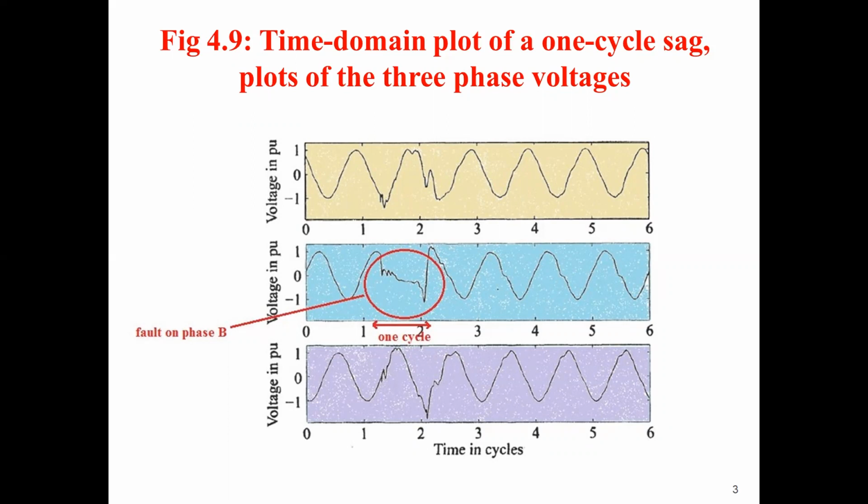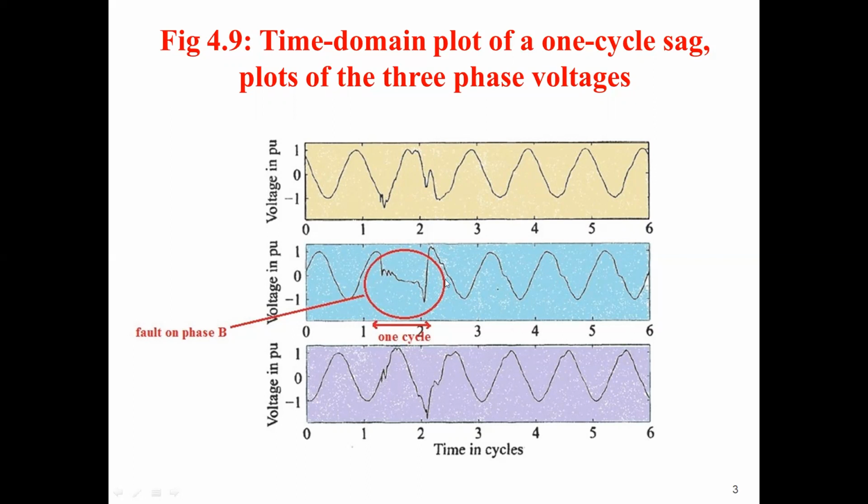So for a three phase system, when the fault is appearing in one of the phases, you call it as A, B, and C. Phase A, phase B, and phase C. And a fault is available, like short circuit or sudden loading, in phase B. So obviously, what we are seeing so far is there will be a voltage sag.